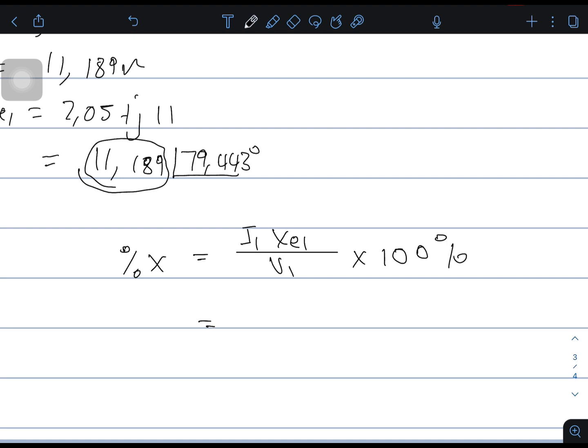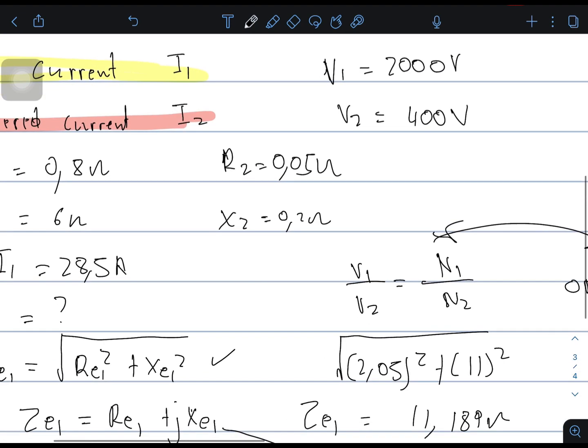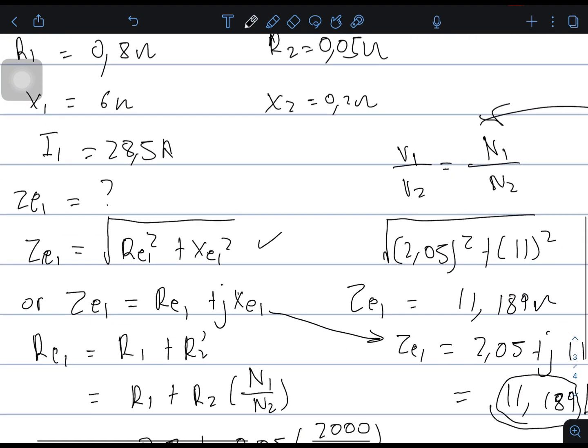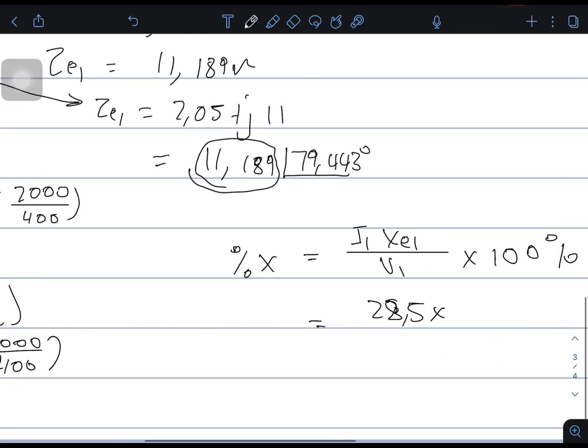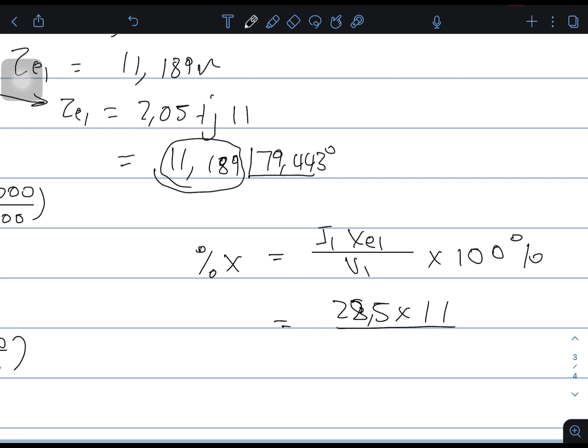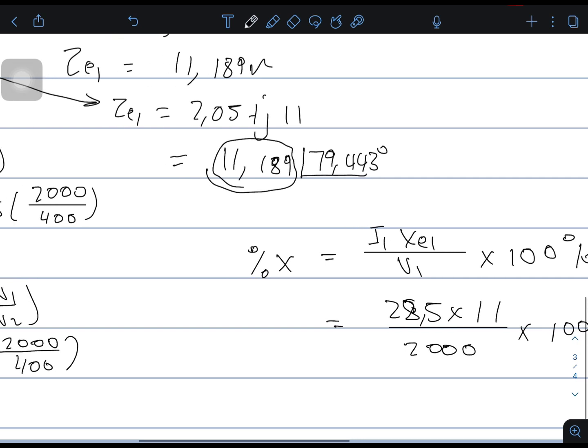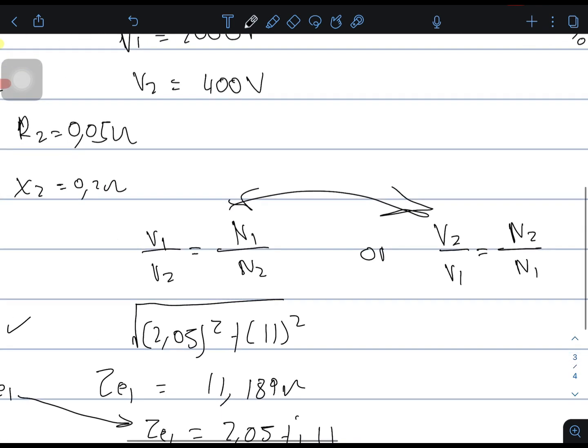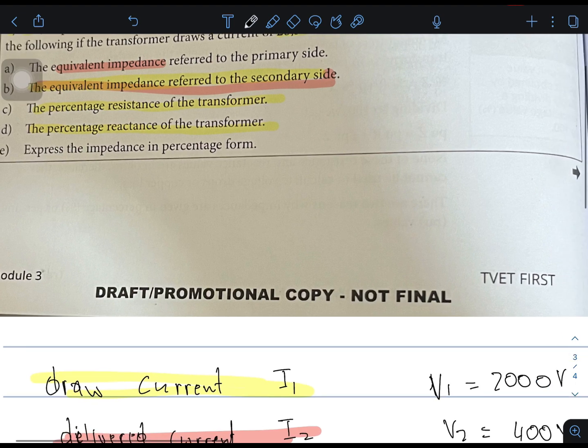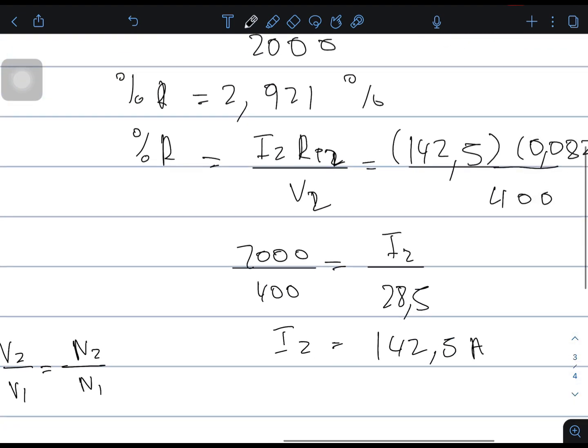So it will be 28.5 times the reactance referred to the primary, 11, over 2000 times 100, and I get 15.675%.